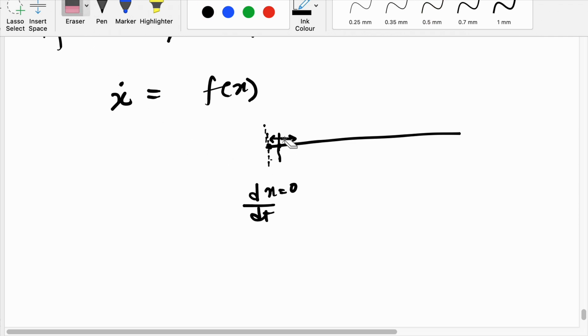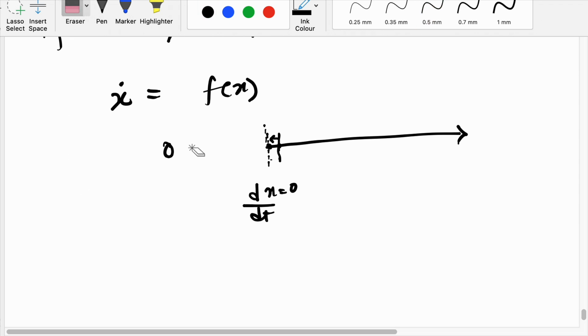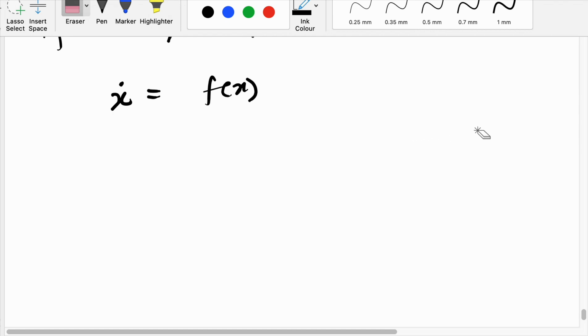So if the velocity is increasing, that means df/dx near about x equal to 0. Okay, let me write it this way, then it will be much clearer in mathematical terms.